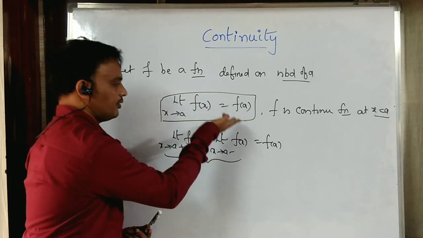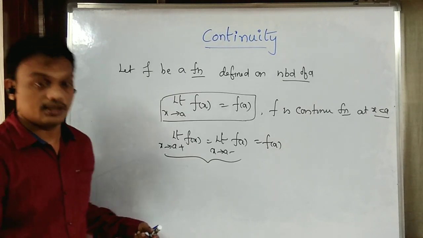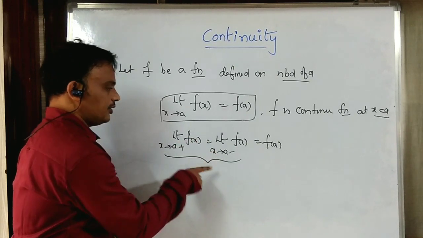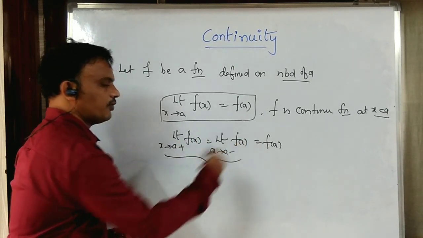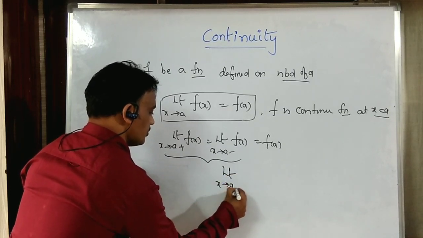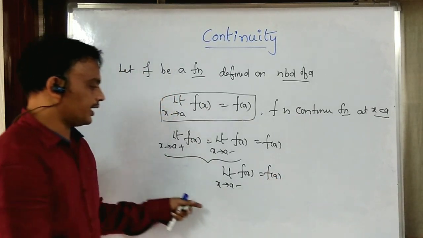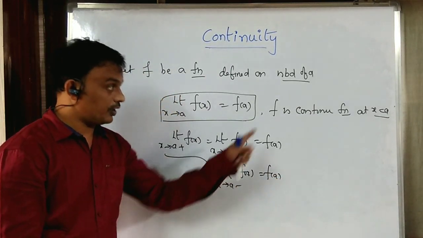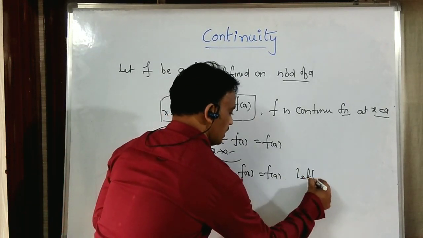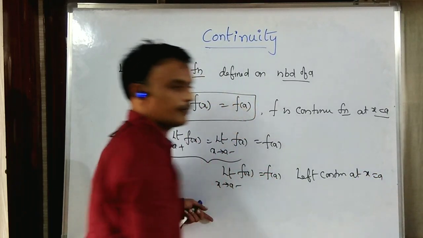If this equals f of a, then I can say f is a continuous function at x equals a. Suppose only one of these two values equals f of a. If the limit as x tends to a minus of f of x equals f of a, then f is left continuous at x equals a.